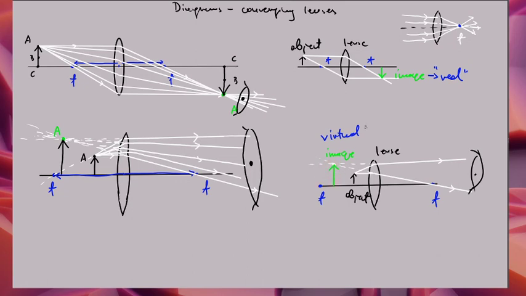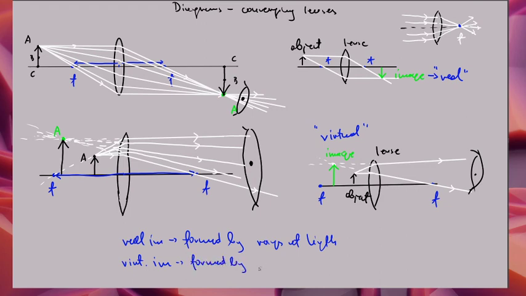So we have the real image, we have the virtual image, and maybe what I'll add to it is that a real image is formed by rays of light, and then a virtual image is not formed by light, it is formed by extensions.